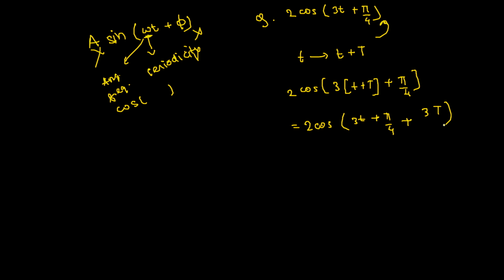So what we do is we take the initial part as A and the next part as B. So like I said, we have to keep our trigonometric identities in mind.